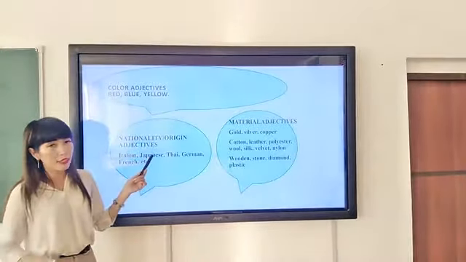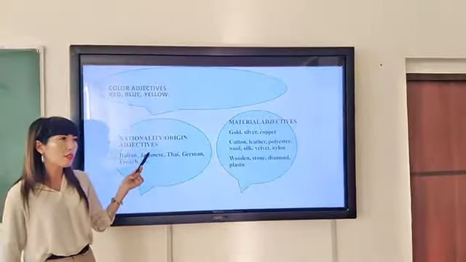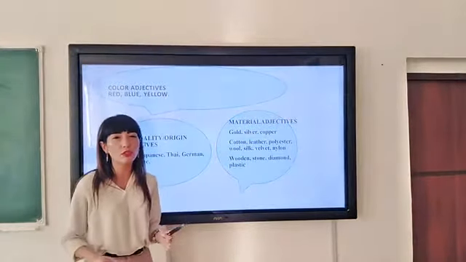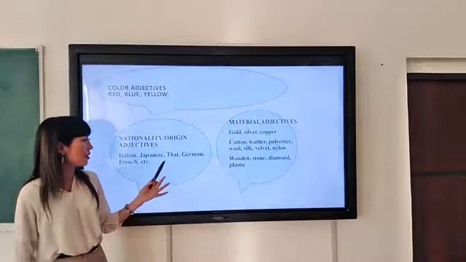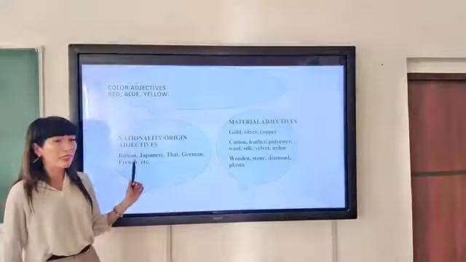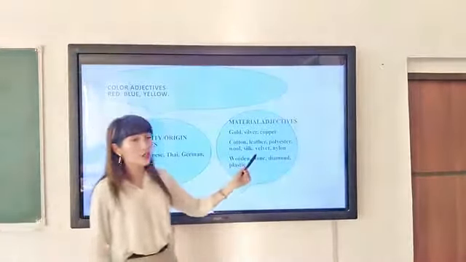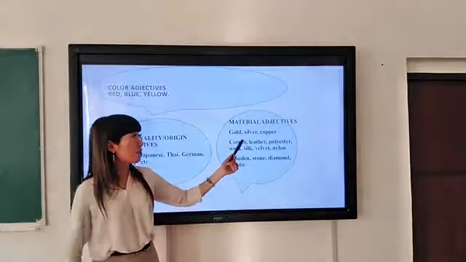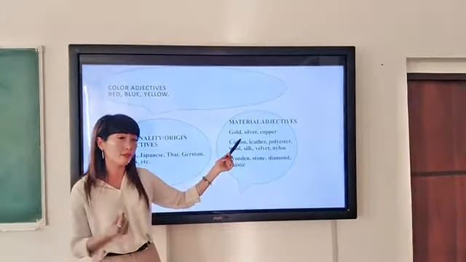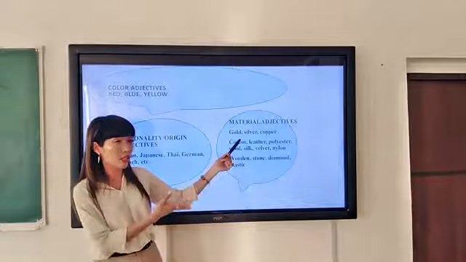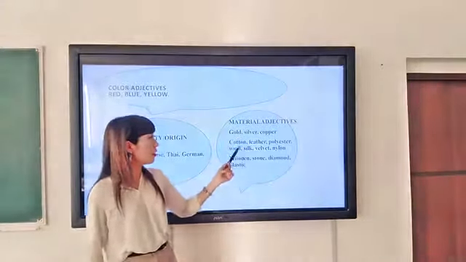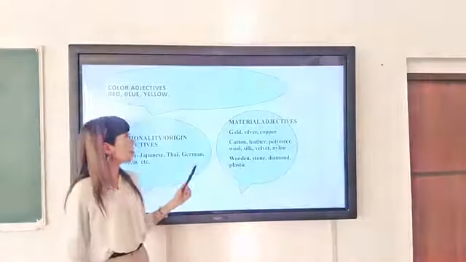For nationality or origin adjectives, it means you bought something and you want to explain that it is made in, for example, Japan, so it is Japanese or German or Italian. A material adjective tells what kind of material was used in making this object. For example, gold, silver, copper, cotton, etc.